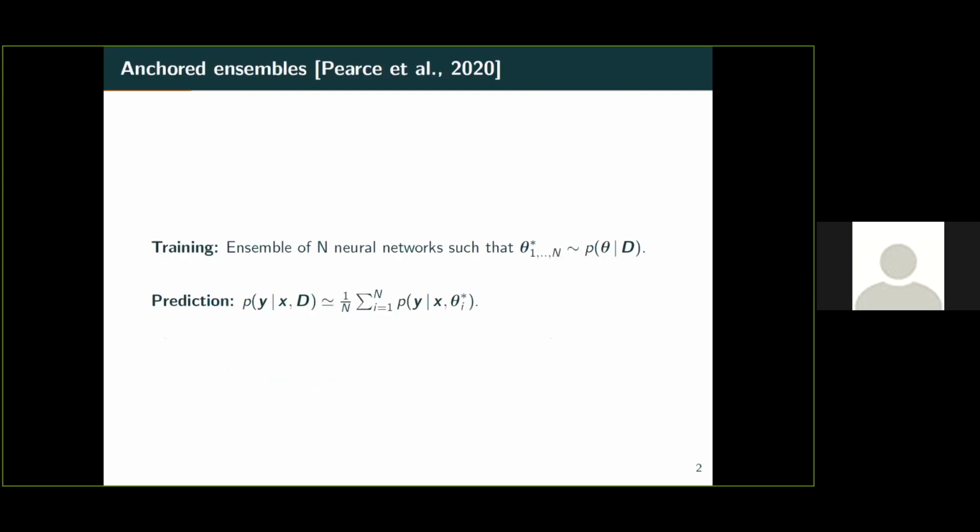We base our work on anchored ensembles from Tim Pearce and collaborators. These works aim at training an ensemble of neural networks such that the members of the ensembles approximately follow the Bayesian posterior. For that, they modify the training procedure, and on prediction, you simply average the predictions of the members of the ensemble.